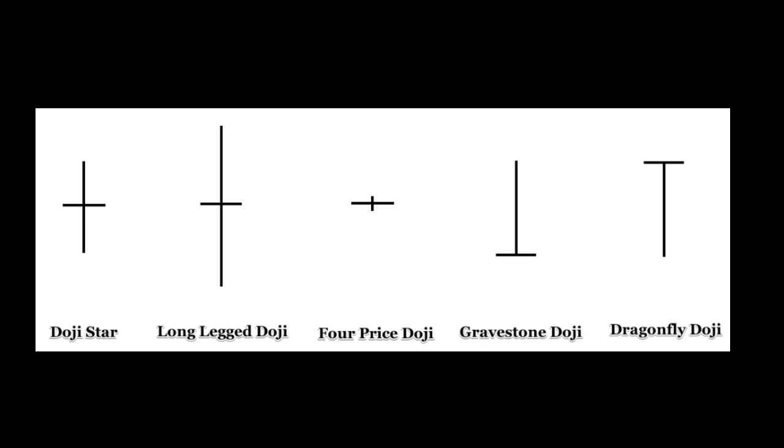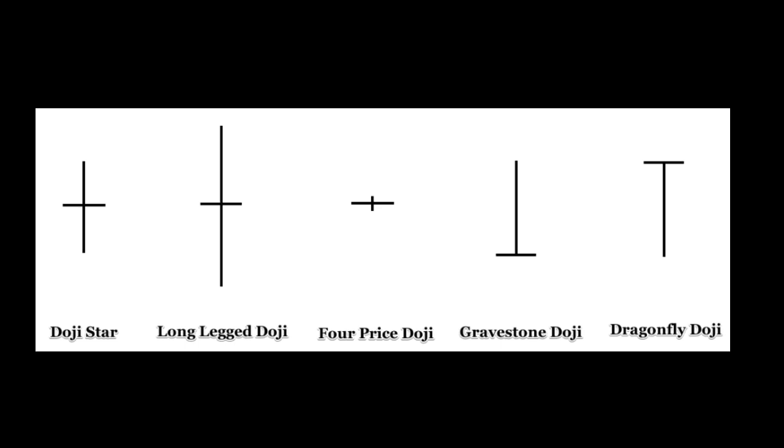Now we have the long-legged doji. What this one does is it's an extended upper wick with the extended lower wick. So kind of like a stretched out Doji Star. This one is signifying greater validity in the market. So we have the Doji Star next to it. That one just shows that the buyers and the sellers couldn't decide who wanted to be in control.